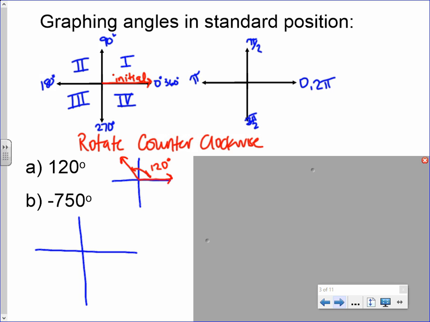Now, negative 750. First of all, we are rotating in the negative direction. Do you agree? So we're going to have to rotate clockwise at least once. If I rotate once, how many more negative degrees do we have left to go? 390.